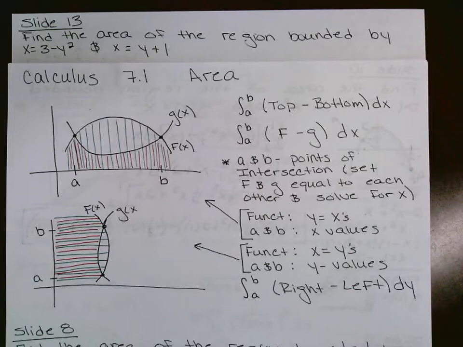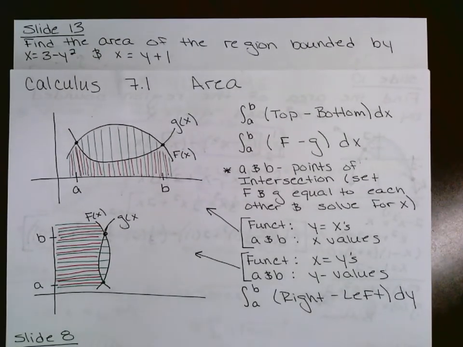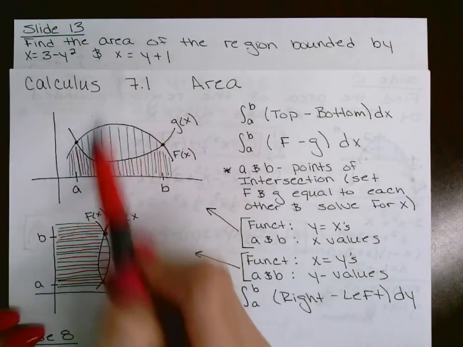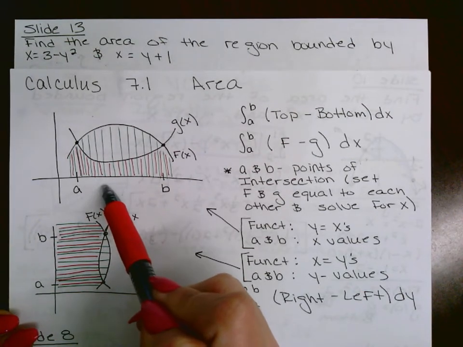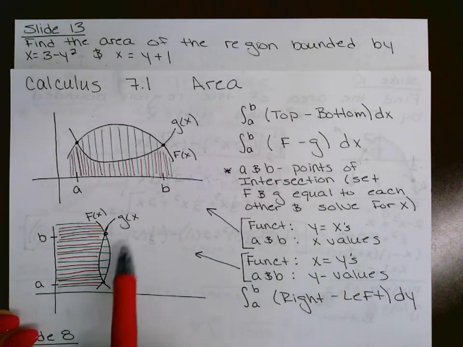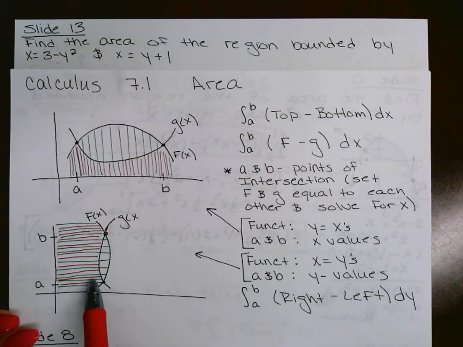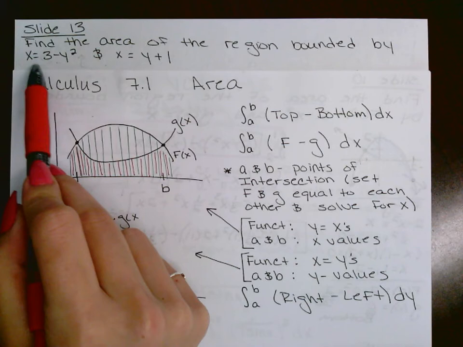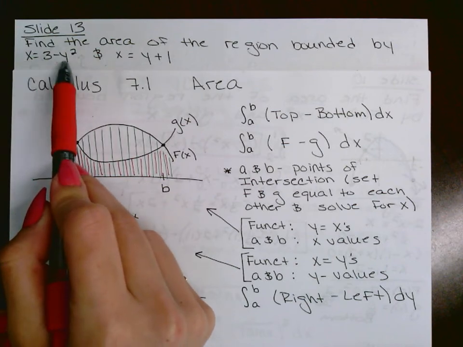So before we look at this next question on slide 13, it's up here. I'm going to refer you back to the notes we took last video. Down here we started talking about right minus left. Notice that these equations are x equals and they have y values.